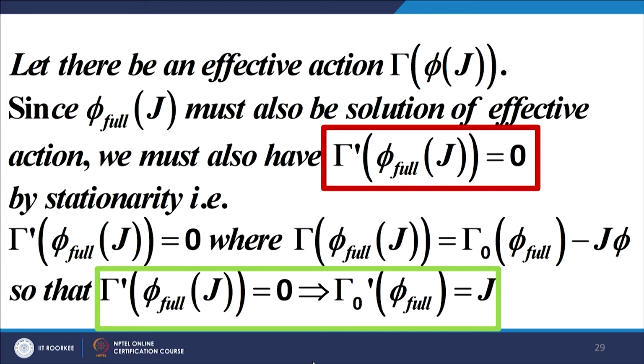Gamma dash phi full of j is equal to 0, or gamma dash 0 of phi full is equal to j. This is what we get because of the stationarity requirement imposed on the action gamma phi of j, because phi of j is a solution of this action gamma phi of j.